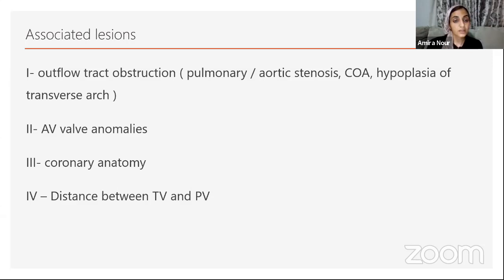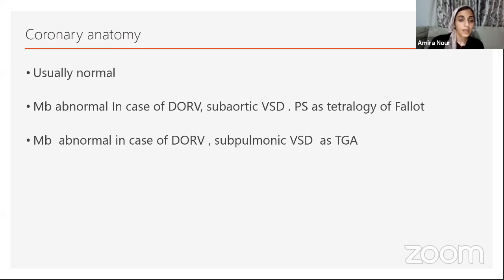I will discuss in detail the coronary anatomy in patients with double outlet right ventricle. Usually, the coronary anatomy is normal in patients with double outlet right ventricle, for example, in patients with DORV subaortic VSD, we have normally related great vessels, and consequently, the coronary anatomy will be normal. However, we should bear in mind that the coronary anatomy may be abnormal in some cases.